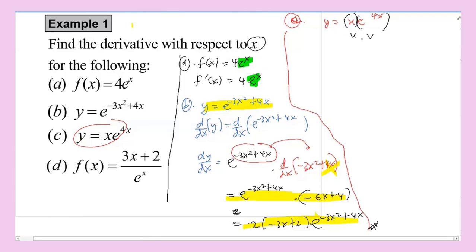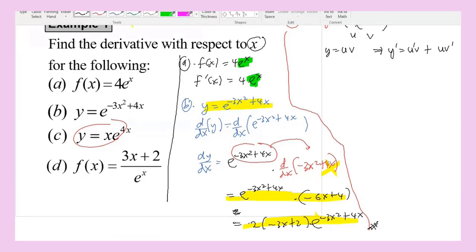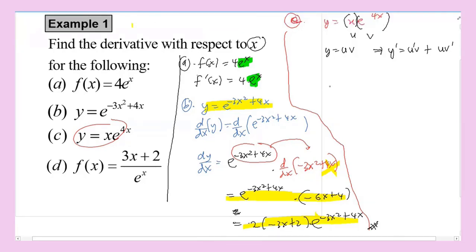We need to apply product rule. Product rule y is equal to u v and y prime is equal to u prime v plus u v prime, up to you lah. Saya suka u prime v because nanti tak confuse dengan quotient rule. So now you kena labelkan, write down what is u, what is v.